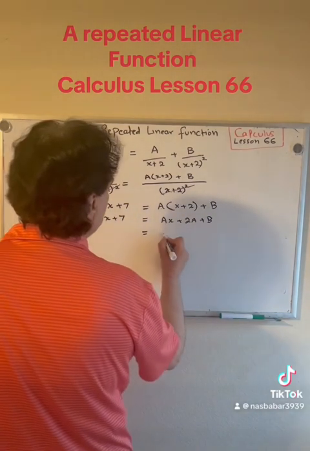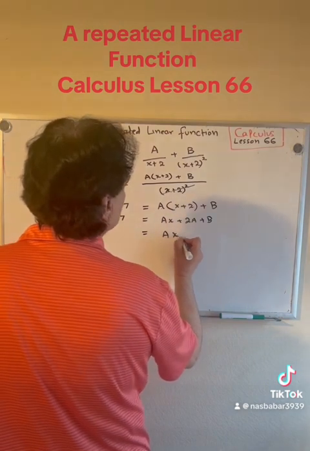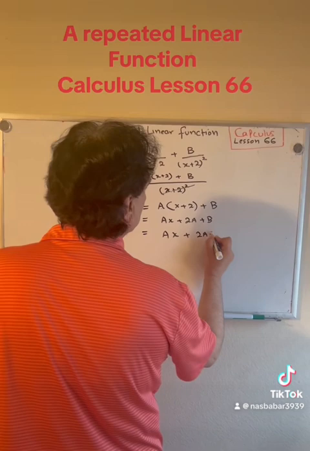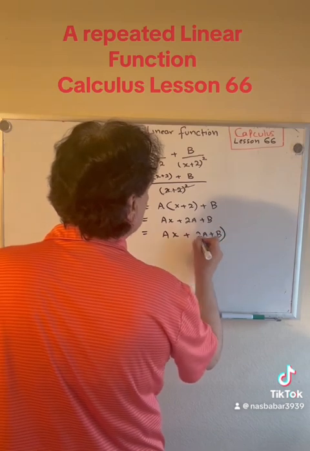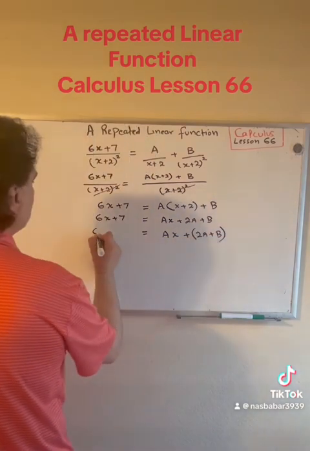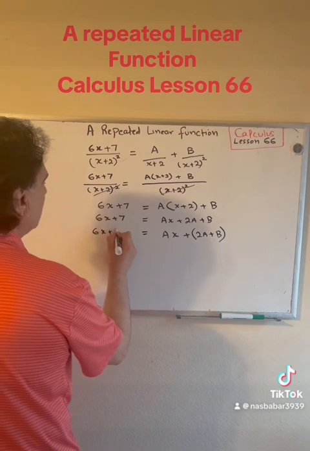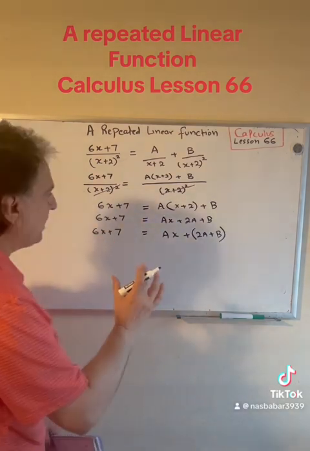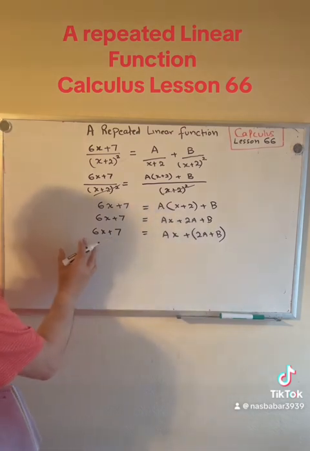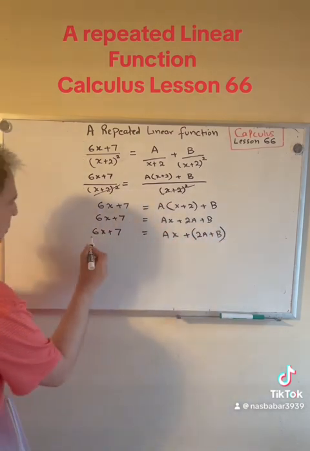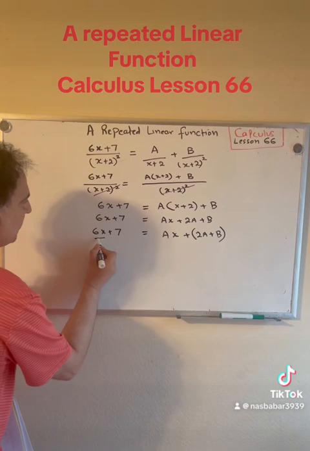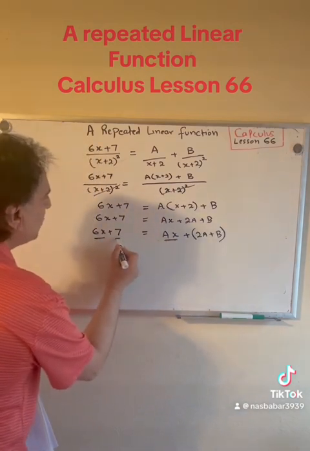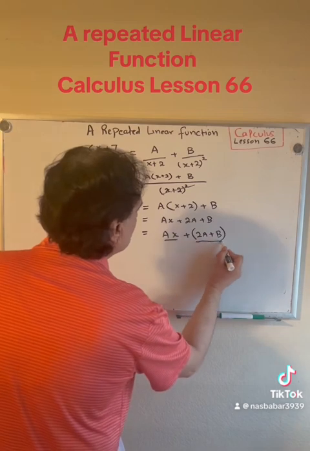So we say ax plus 2a plus b, in other words, we have 6x plus 7. If you relate the left side and the right side, you will notice that 6x is equal to ax, and the constant 7 is equal to 2a plus b.